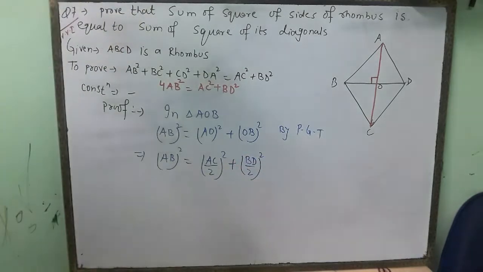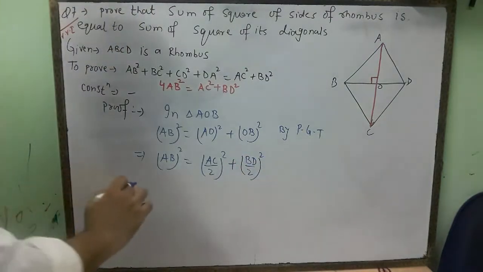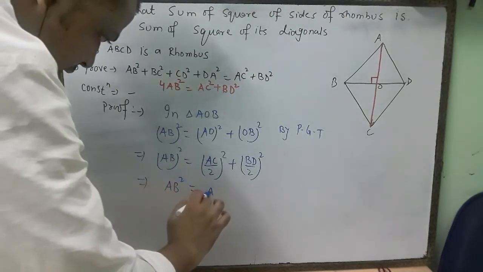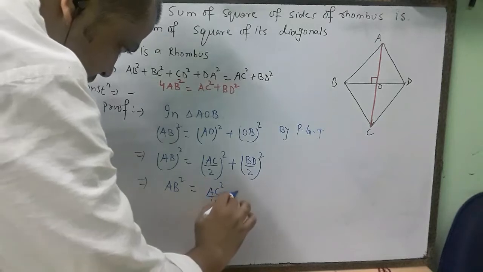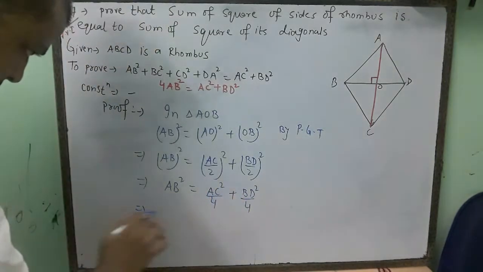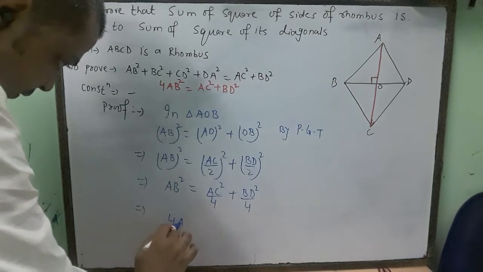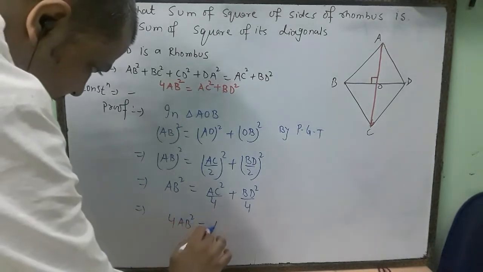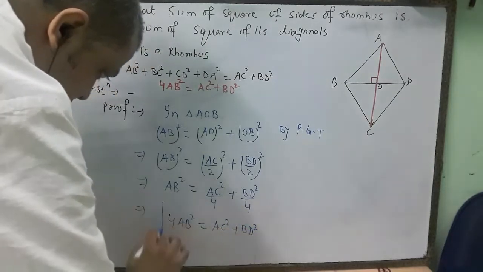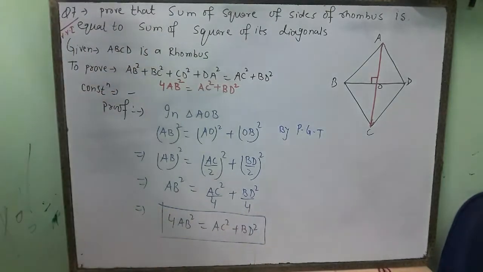Now AB square is equal to AC square by 4 plus BD square by 4. Take the LCM and cross multiply the 4. It will be 4AB square is equal to AC square plus BD square. This will be the proof of question number 7.